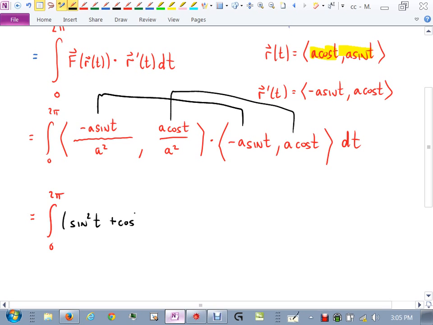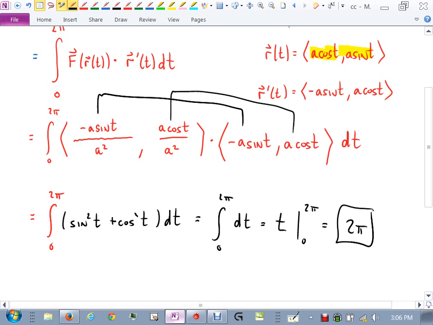Plus cosine squared t dt. And that's just 1, isn't it? 0 to pi dt, which is t, 0 to pi, which is 2 pi. Do you all follow that?